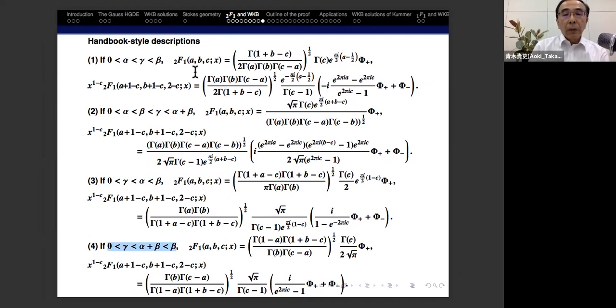And in each case, U1, that is the classical hypergeometric function, and this independent solution U5 are written in terms of the Borel sum of WKB solution, capital phi plus or capital phi minus. This is our main result for the 2F1 case.